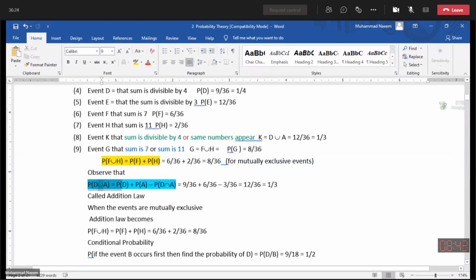These two formulas are related to the addition law, one for mutually exclusive events and the other for not mutually exclusive events. Now we expand this rule to 3 events, and how this addition law works for mutually exclusive events, and how this addition law works for non-mutually exclusive events.